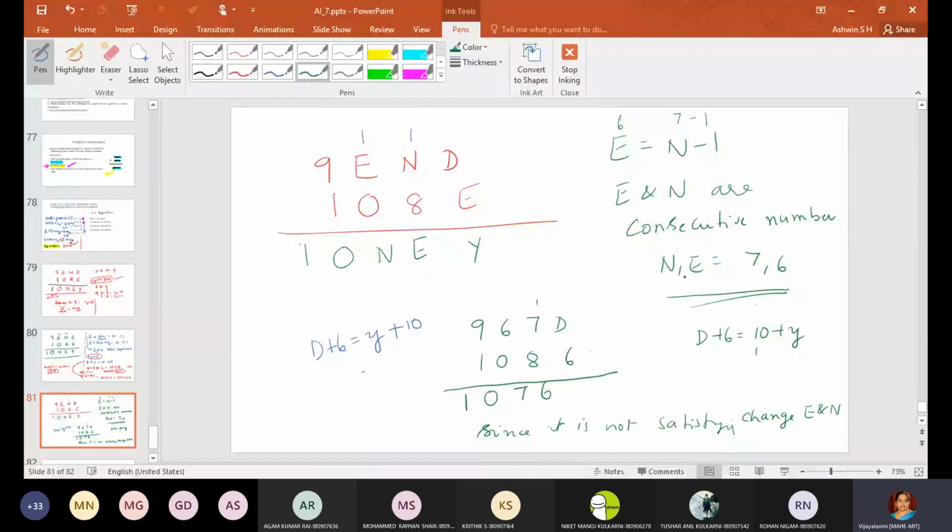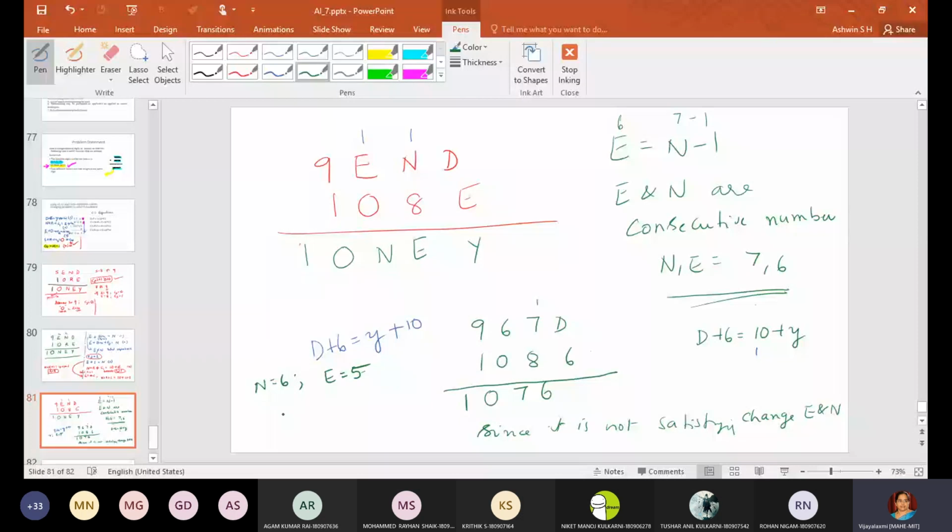We took N and E as 7 and 6. Now you better go for 6 and 5. So this I will write, 6 and 5. So N you take 6, E is equal to 5.